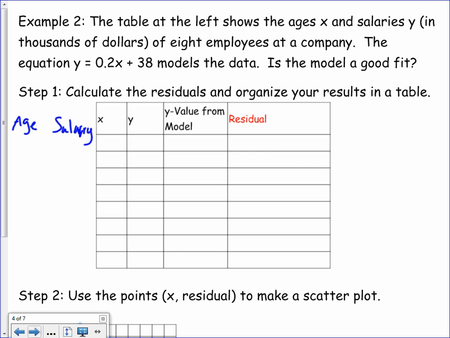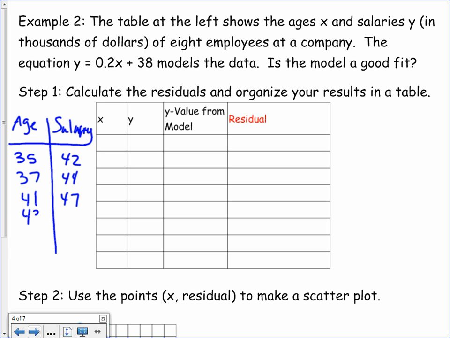Age and salary, and again, the salary is in thousands of dollars: age 35, 42; 37, 44; 41, 47; 43, 50; 45, 52; 47, 51; 53, 49; and 55, 45.